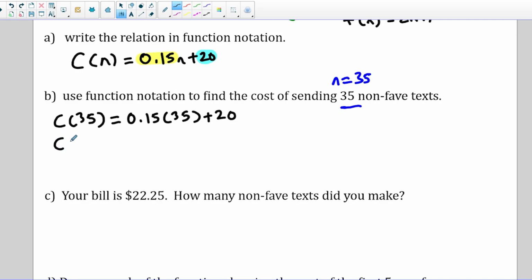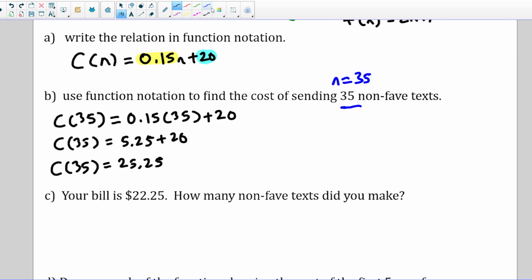So the cost of 35 text messages is equal to, and we have 0.15 times 35 gives you 5.25 plus 20. So we have C, or the cost of 35 text messages, equal to $25.25.